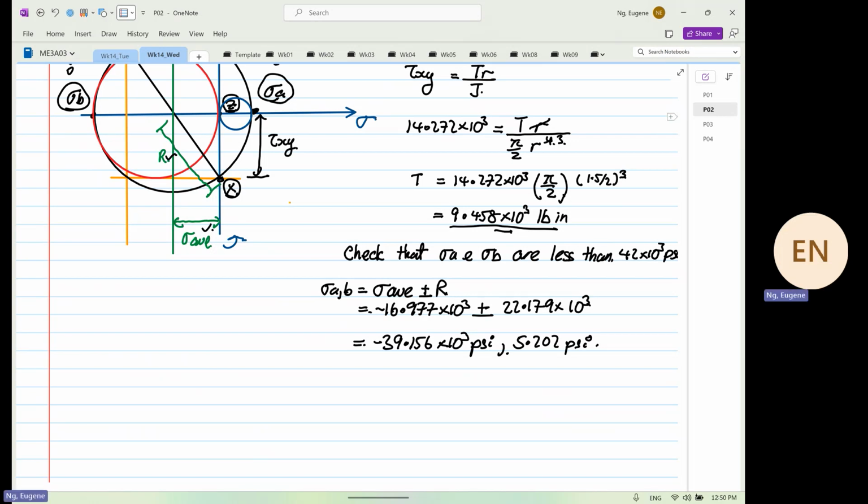Okay. So if the question were to ask you to calculate the factor of safety, it's equal to 42 times 10 to the power 3 divided by, you pick the higher number. So the factor of safety, 42 divided by 39.156, is equal to 1.073.